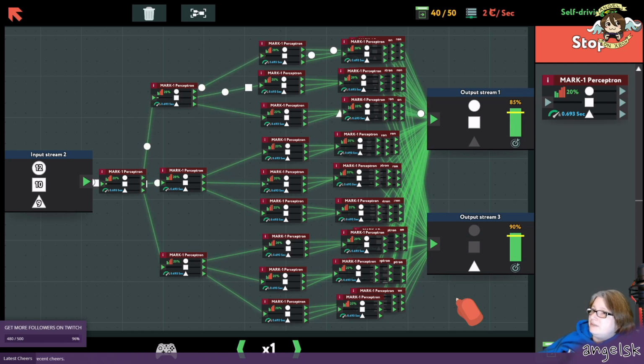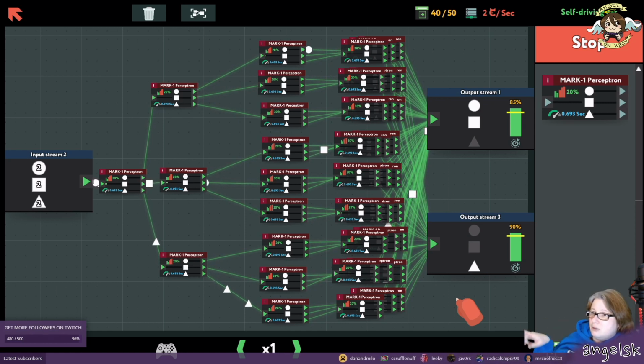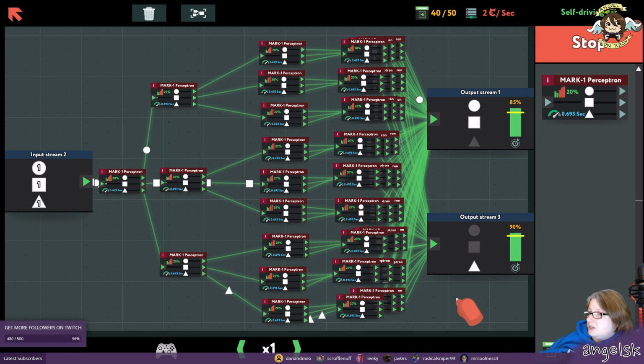Of course, adding more levels could introduce inaccuracy. But the bottom level should be learning very much what a triangle looks like.